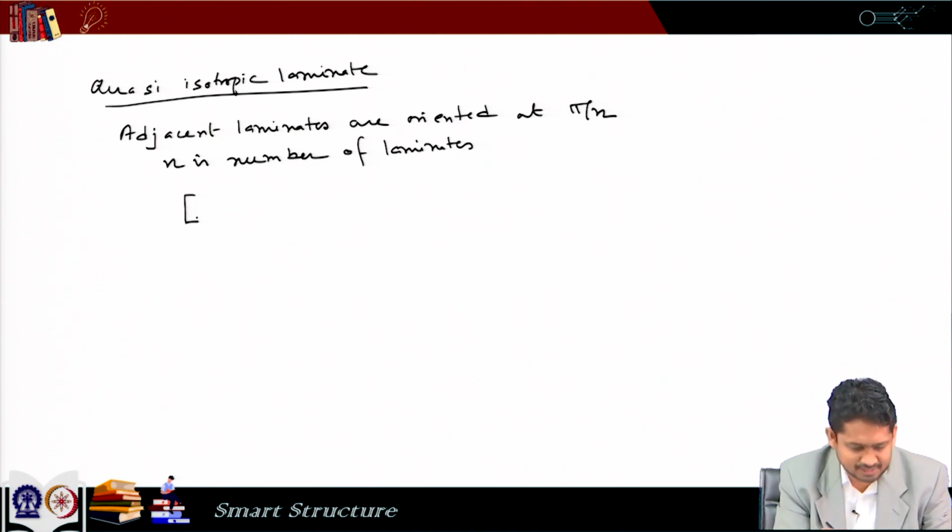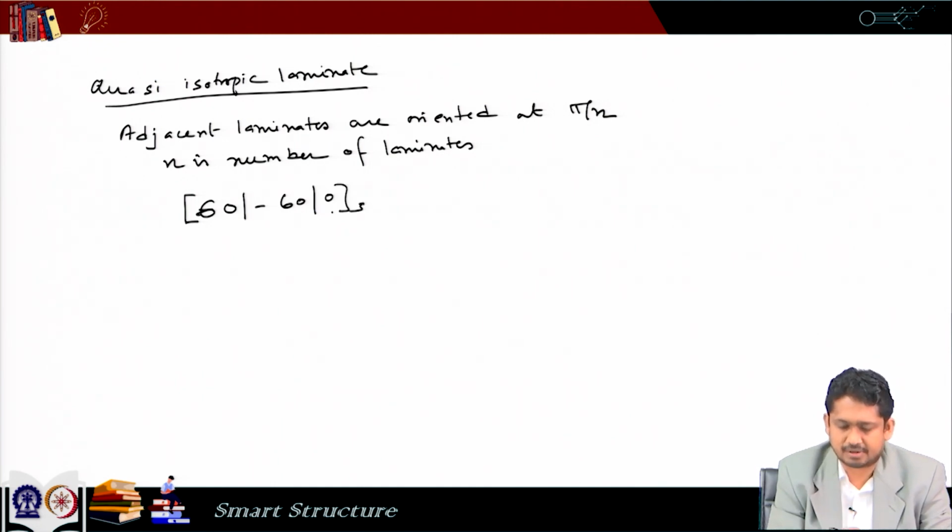An example can be a laminate which has orientation 60, minus 60, 0 and is symmetric.